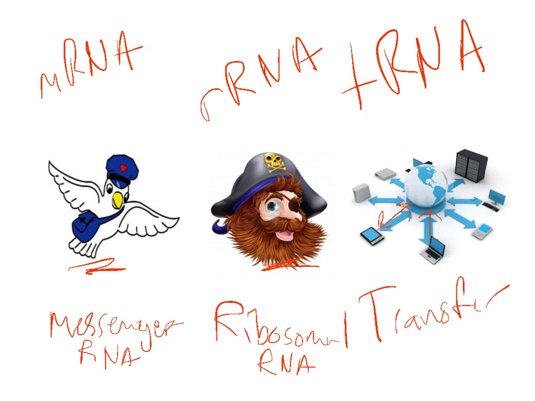There's 3 types of RNA: mRNA, rRNA, and tRNA. Messages, ribosomal, transfer. Where do they come from? They come from the cell's nucleus, where the DNA splits apart and we make a piece of RNA that's single-stranded. Let's do this.